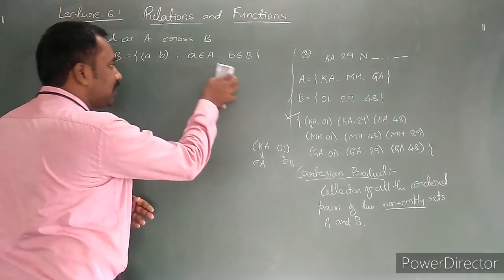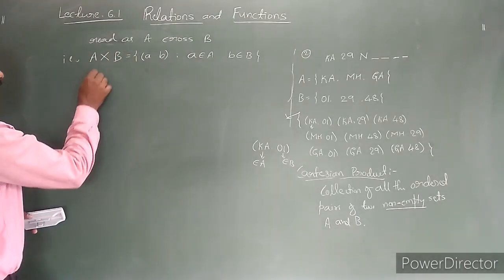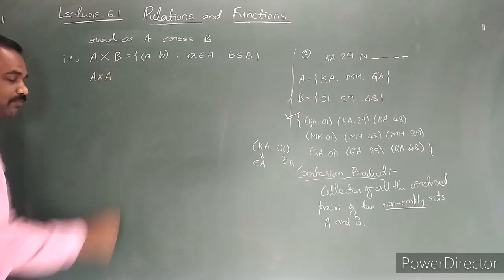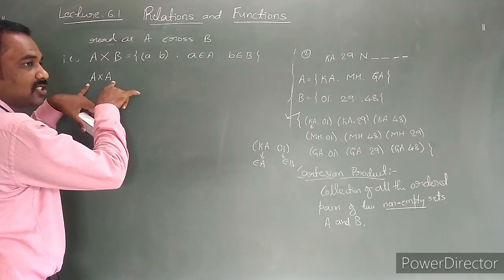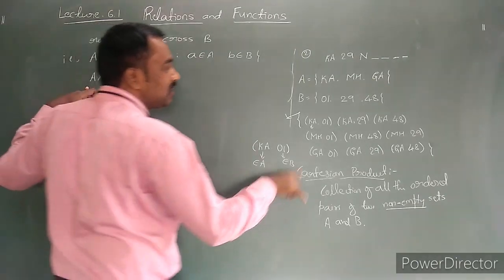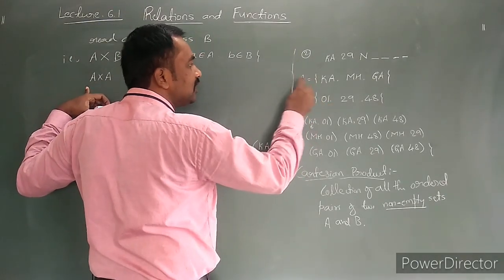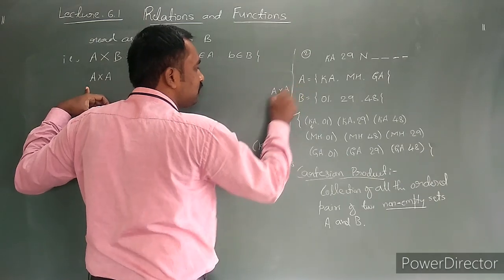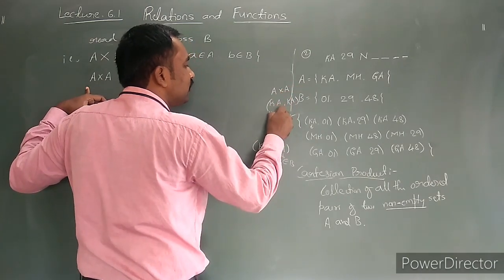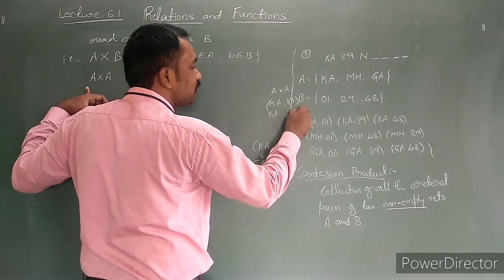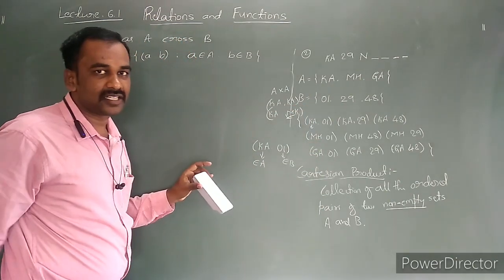Sometimes it is possible. For example, if you write A cross A, that means set A cross set A. I am just taking the ordered pairs of A cross A only. That means we can write (a, a), or we can write (a, b) in that manner also. Doesn't matter.